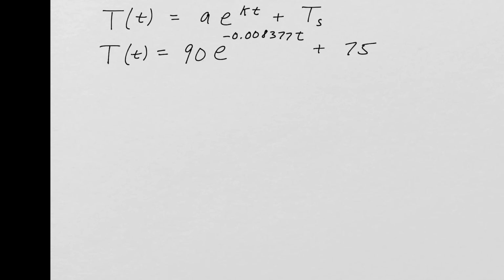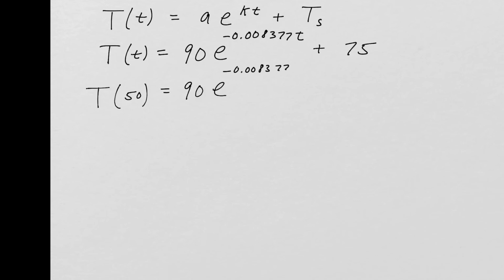Okay, so now we can answer question A, right? It said, what will the temperature be after 50 minutes? Well, to answer that question, I just need to solve for the temperature when little t is equal to 50, right? So I want to evaluate capital T at 50. So what does that mean in terms of the equation? Just plug in 50 where I have a t.